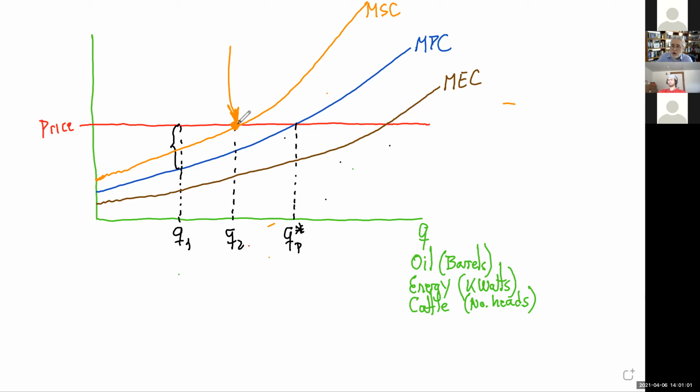But what I'm trying to say, Catherine, is it has to be realistic in the sense that probably the brown curve in the diagram that you're watching is below the brown curve for, let's call it brown energy, or energy based on fossil fuels, because the marginal external cost of producing energy based on renewables like solar or wind probably generates less external costs than fossil fuel based energy, right?